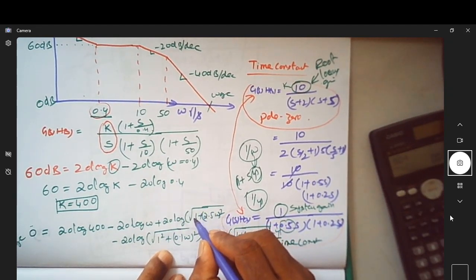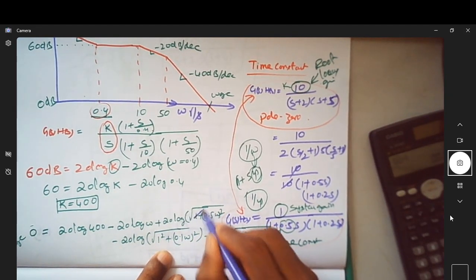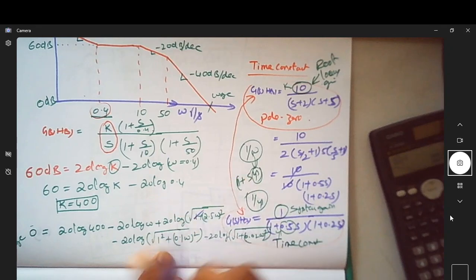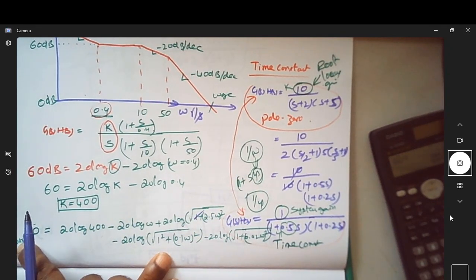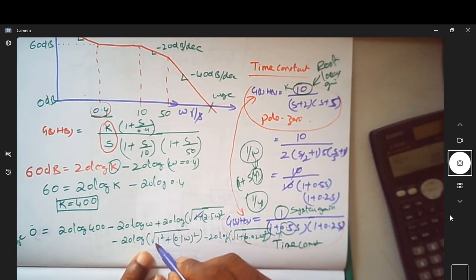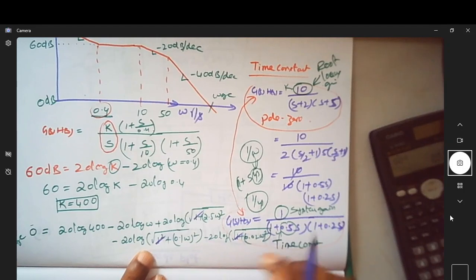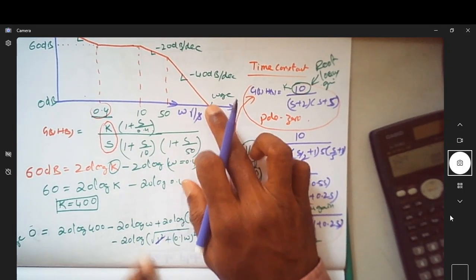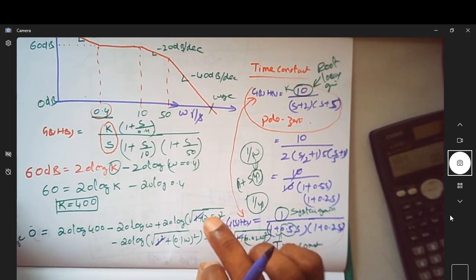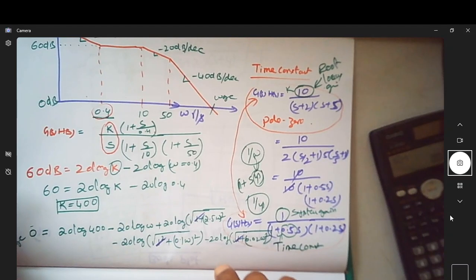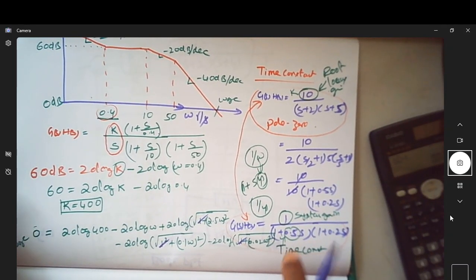Let me not take this one into consideration while calculating the omega GC. If I don't consider this one, then whatever frequency I'll get will be 100% matching with your asymptotic value, which is in the graph.